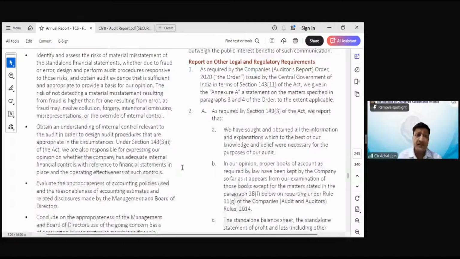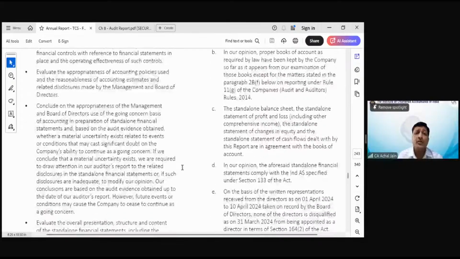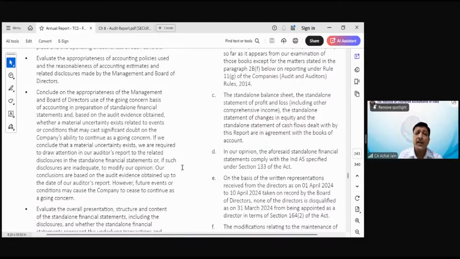Then he's saying we also evaluate the appropriateness of accounting policies. Now, please remember, selection, application of accounting policy, whose responsibility is that? Can you tell me? It's the responsibility of the management.